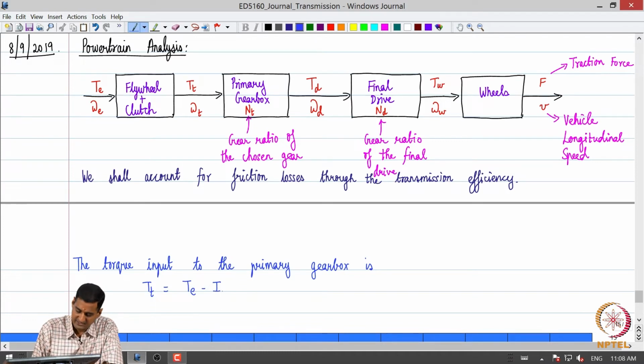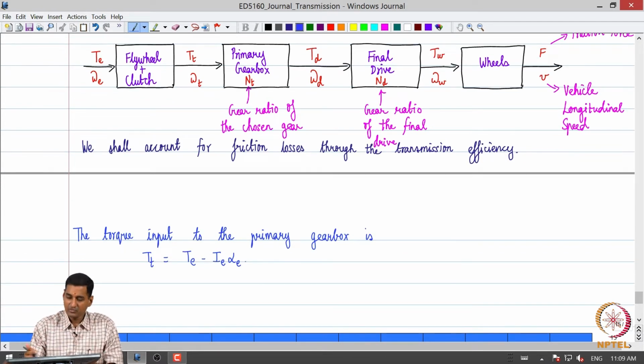So let us lump them as some IE times alpha E, where alpha E is the corresponding angular acceleration. We are not considering the torque due to viscous friction right now, because as we just discussed, we will account for all the frictional losses at the end. So we are only going to consider the inertial term when relating the input and the output torque of each block. So this is the torque input to the primary gearbox.